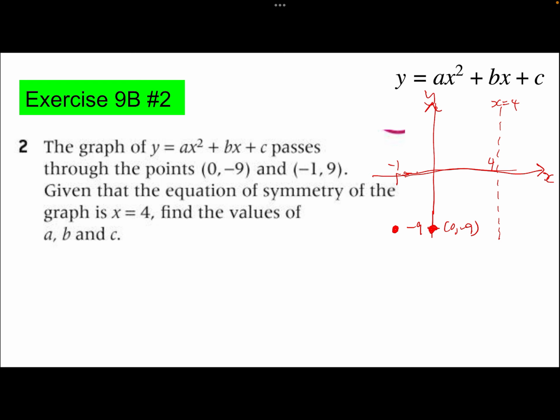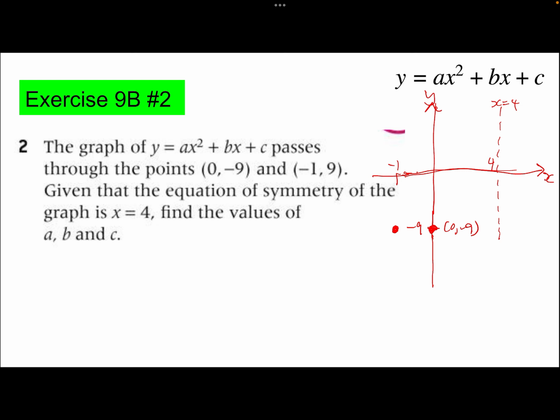So the thing is, I have 2 points. I have the axis of symmetry, which obviously cuts the curve right through the middle, but again, you could obviously do a sketch of the graph for this.